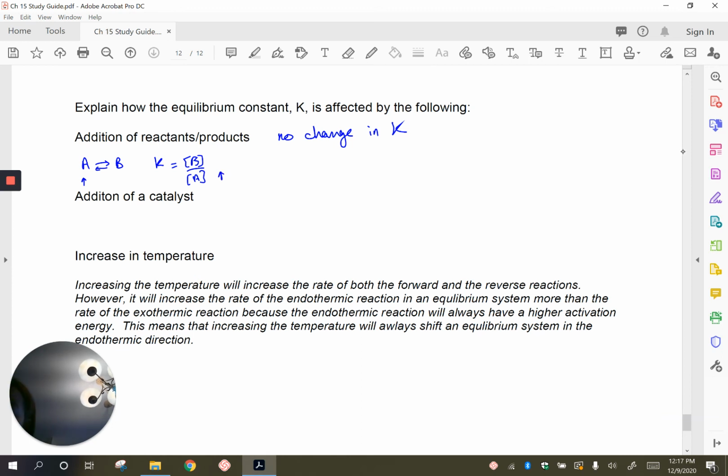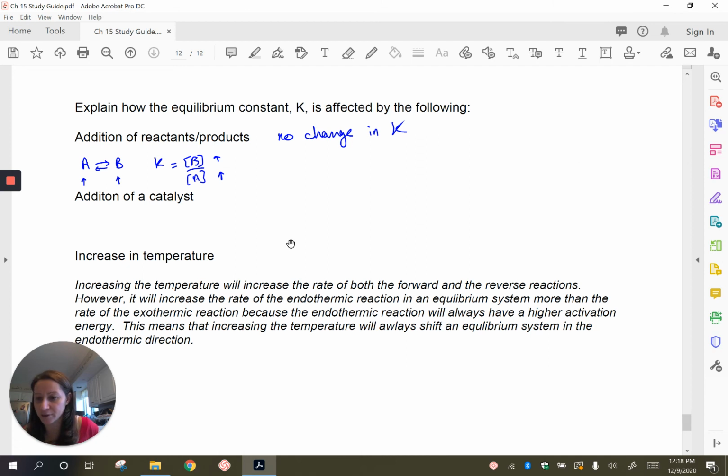Well, if I increase A, it's going to shift to the right to make more B. And so both of them increase by the same amount pretty much. And so your K remains constant. So if I change my concentration, my equilibrium constant will remain the same because my reaction will shift in the direction that makes up for the other one so that they both increase or both decrease by the same factor. And so K remains constant.